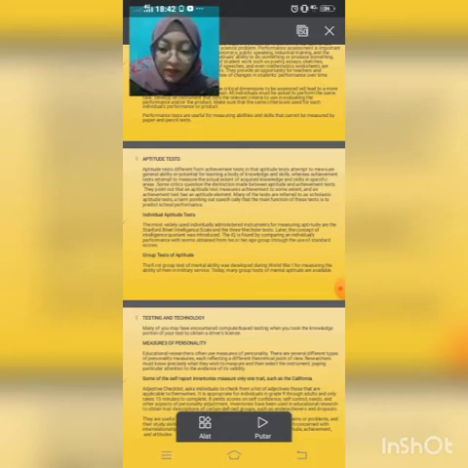Some of the self-report inventories measure only one trait. For example, the California Adjective Checklist asks individuals to check from a list of adjectives those that are applicable to themselves. It is appropriate for individuals in grade 9 through adult and only takes 50 minutes to complete.